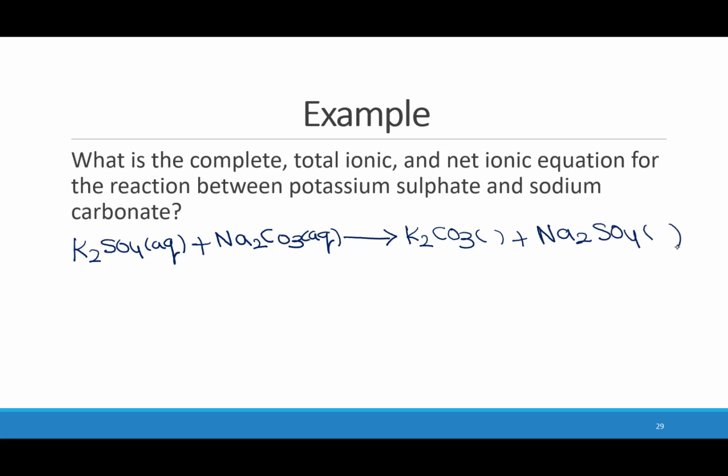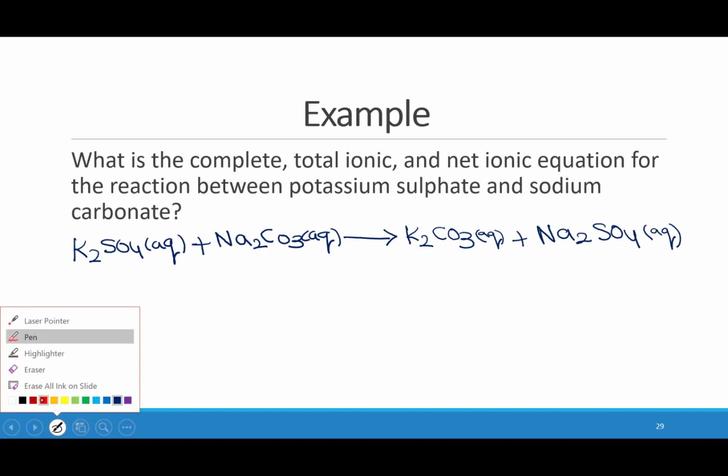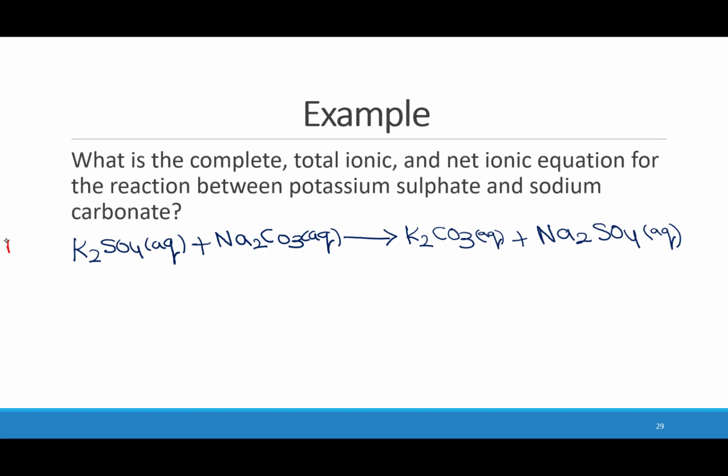If you look at the solubility handout, you will know the state of potassium carbonate is aqueous, because all group 1 cations produce soluble compounds. The same thing with sodium sulfate, it's in aqueous state. Then this is your balanced molecular equation.